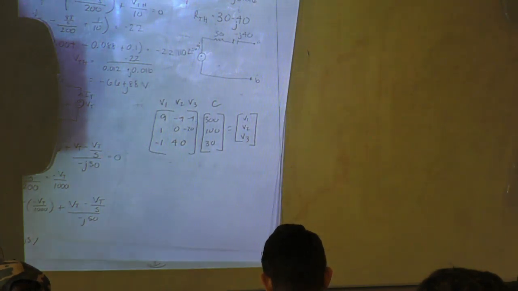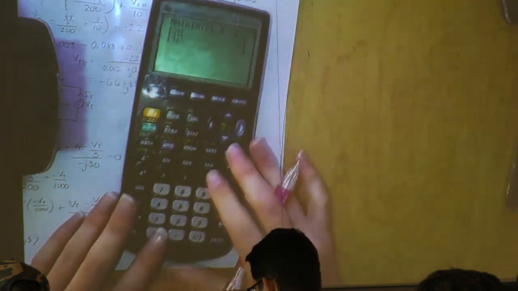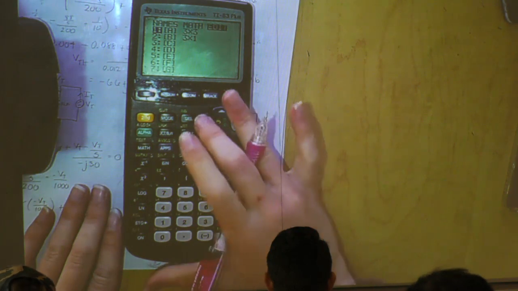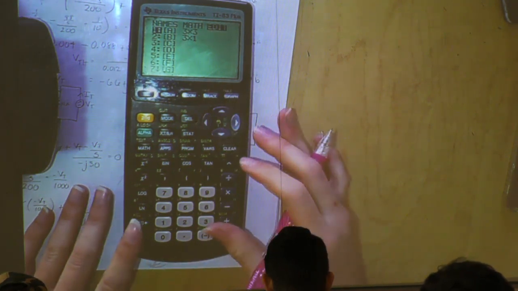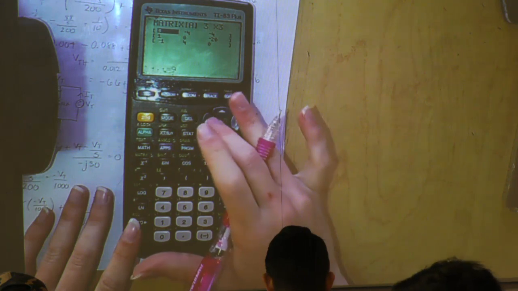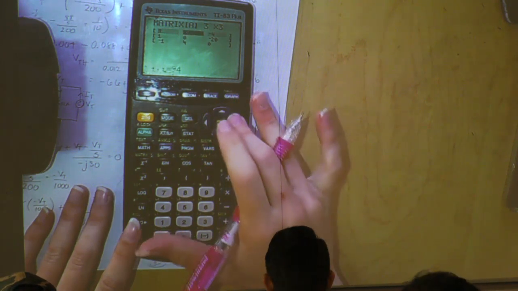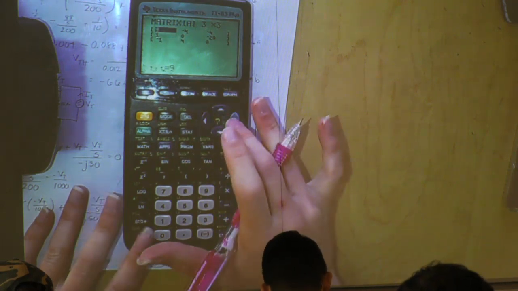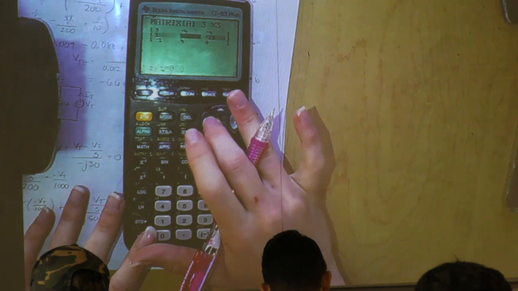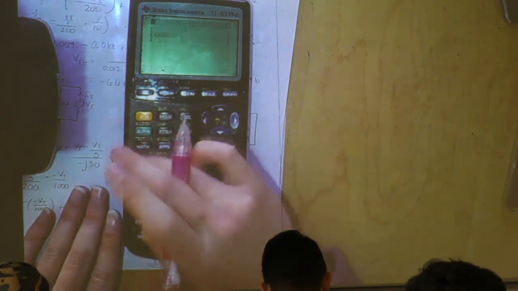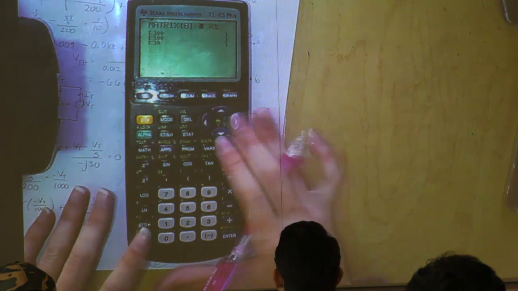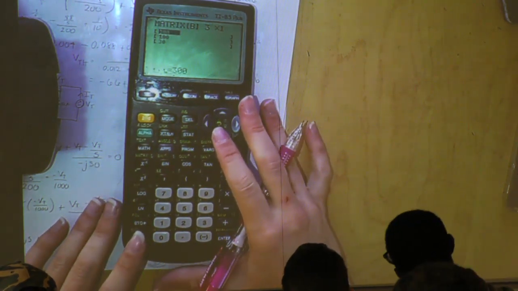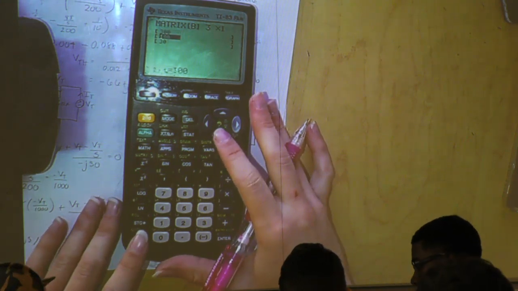To put the values in, you want to go to Edit. Then you'll have your 3x3 or 4x4, 2x2. You'll put in every single one. This is your V1, V2, V3. And then to put in the constants, it's your 3x1, so your matrix B. This is your first equation constant, your second equation constant, and your third equation constant.